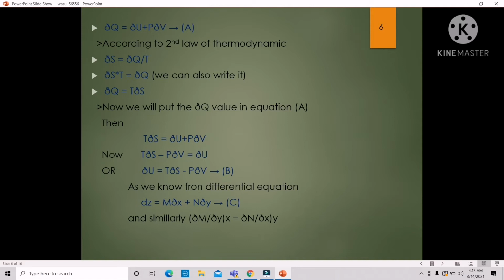So we will transfer the p dV to the other side. We get the change in internal energy, which is equal to the temperature times change in entropy minus pressure times change in volume, equation number two.